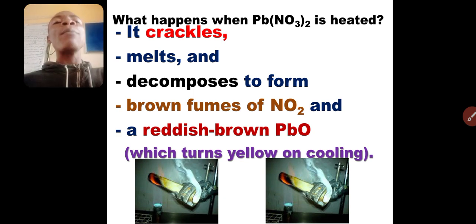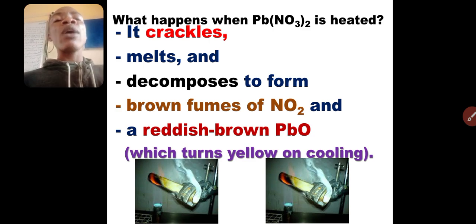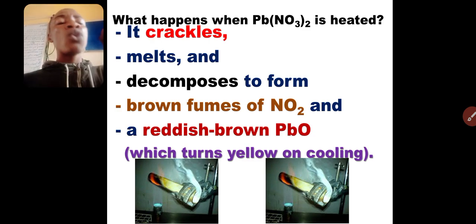That's the thermochromic nature of lead 2 oxide. It has two different colors depending on the temperature of the substance. Lead 2 oxide is brown when it is hot and yellow when it is cold. So you are going to observe that it will crackle, it will melt, it will decompose into brown fumes of NO2 gas and a reddish brown residue of PbO. The residue will turn yellow on cooling.